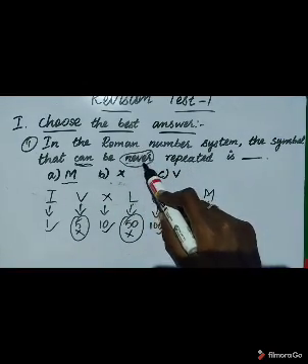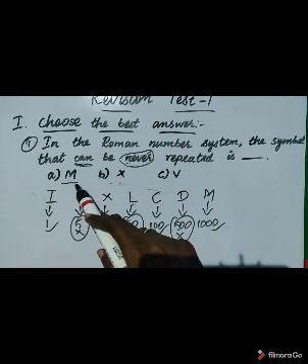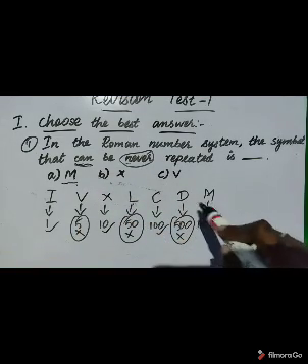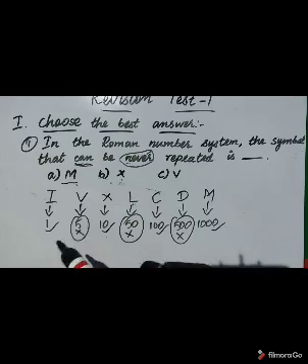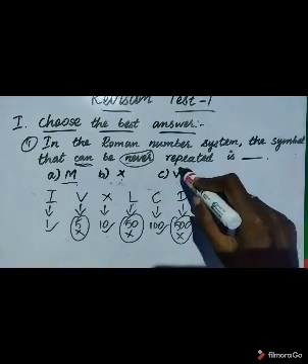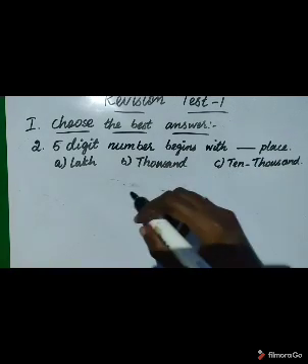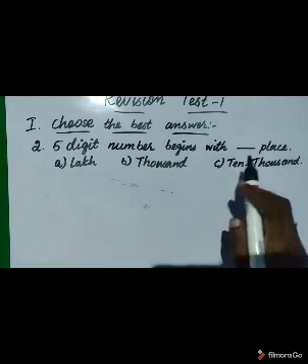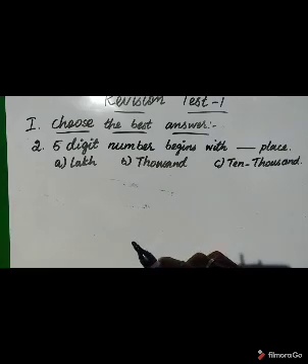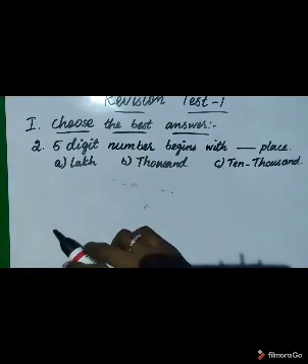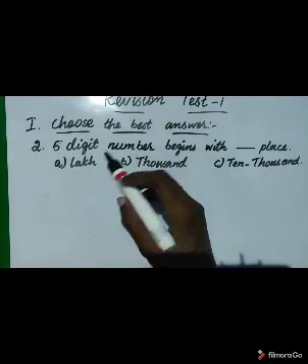Second question, a 5-digit number begins with dash place. So you have to find which place it is starting with. So let's write a 5-digit number. Okay, so I am writing the smallest 5-digit number, 1 2 3 4 5. So 5-digit means there should be 5 numbers. So this is a 5-digit number. So you have to find it is beginning with which place.